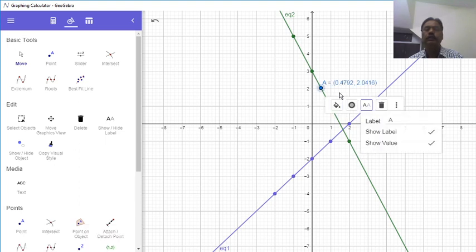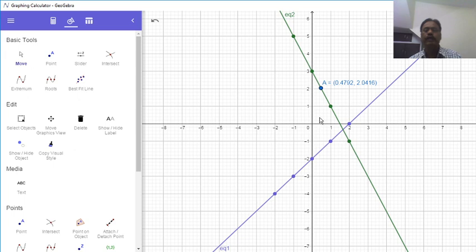Look here, 0.5 and 2, 0.4792. It is approximately 0.5 and 2. Understand? So in this way we shall draw the graph of the second equation.